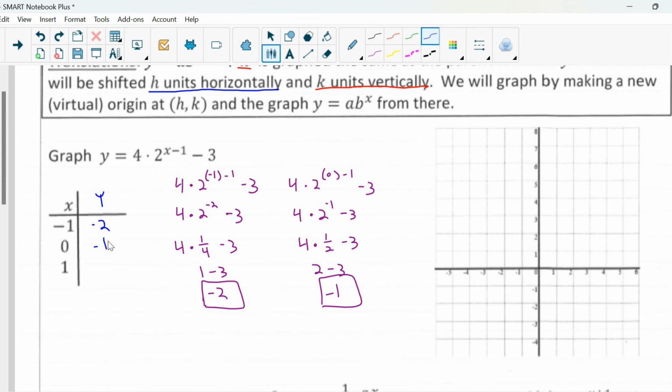Finally, with 1 here, we would have 4 times 2 to the 1 minus 1 power minus 3. 1 minus 1 gives us 0, so 2 to the 0 power is just going to give us 1. So I've got 4 times 1 minus 3, which is 4 minus 3, just going to give us 1.